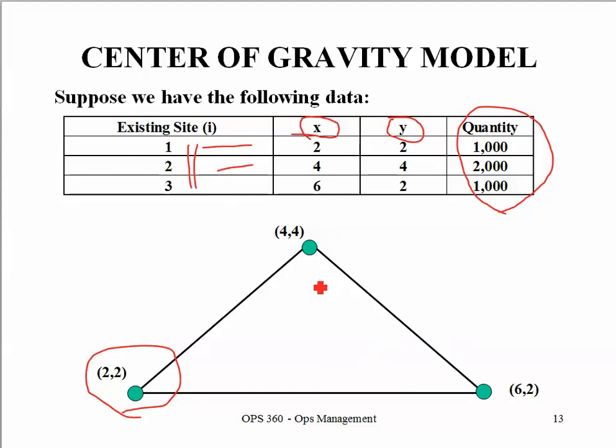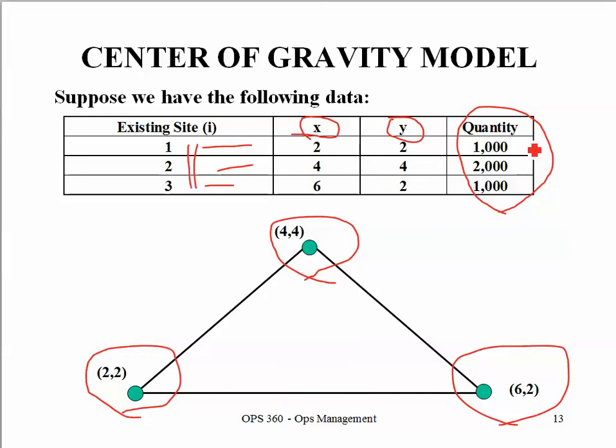Existing site 2, right here, is 400 miles east and 400 miles north of the reference point, and existing site 3, way over here to the east, is 600 miles east of the reference point and 200 miles north of the reference point. So obviously these three sites are in a triangle, and it's going to make sense to put my new facility somewhere in the middle of the triangle.